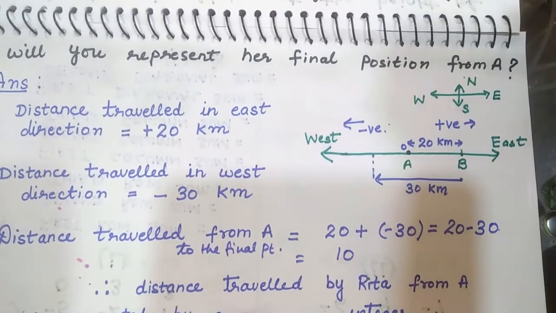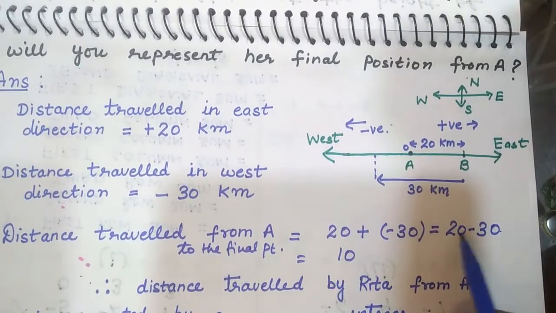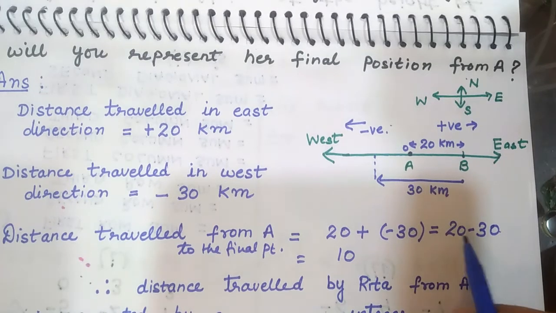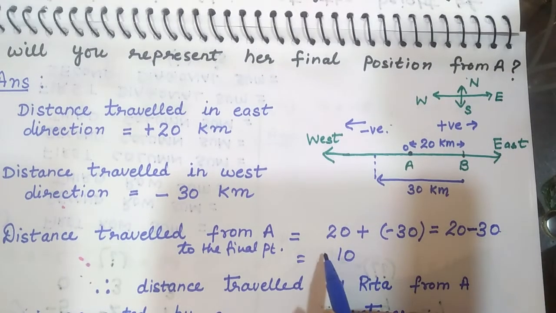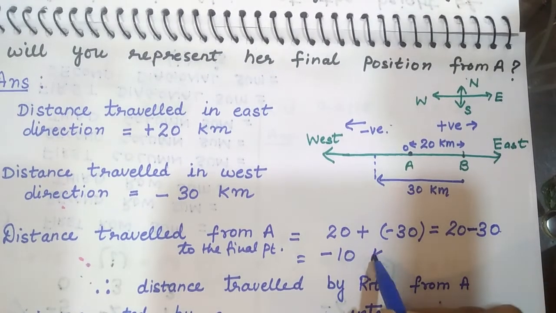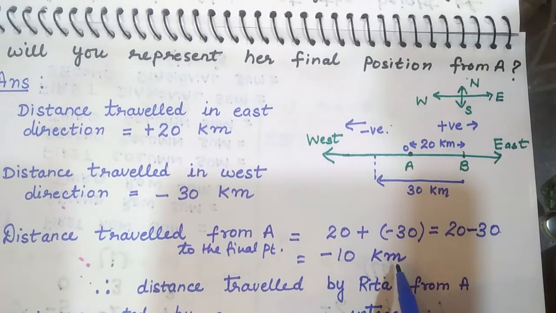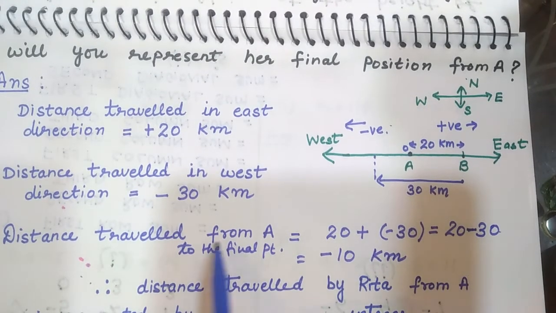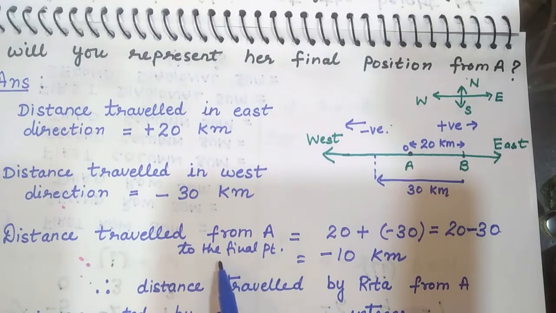Which sign comes here? Plus minus is minus, so we subtract 20 from 30, but the sign of 30 is minus, and 30 is more than 20, so it is the greater number, so we put the sign minus: minus 10. The answer will be in kilometer because we are talking about distance. So the distance traveled from A to the final point will be minus 10 kilometer.